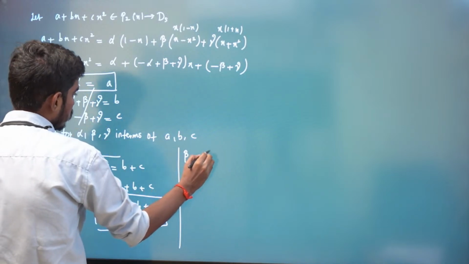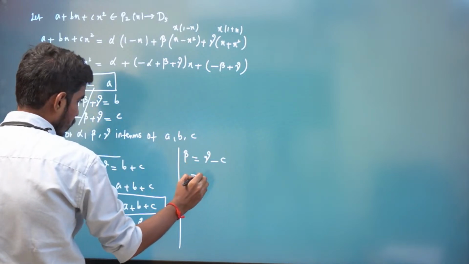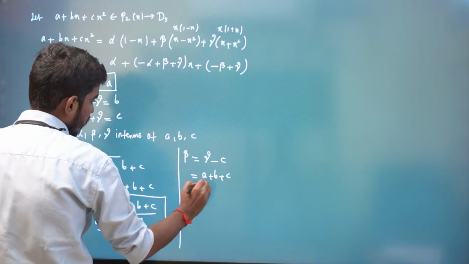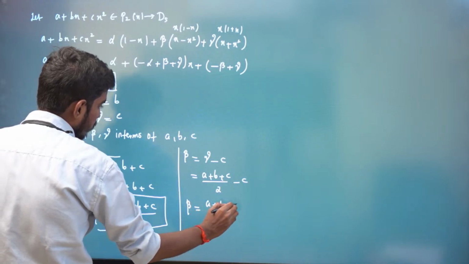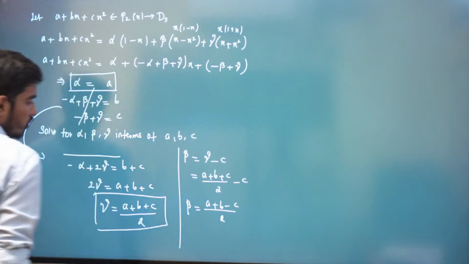Beta is equal to gamma minus c. So gamma is (a plus b plus c)/2 minus c. So (a plus b minus c)/2 is the value of beta.